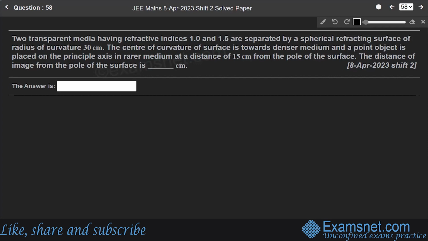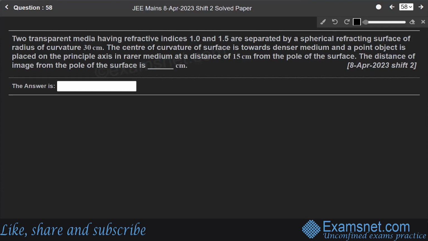The center of curvature of the surface is towards the denser medium. A point object is placed on the principal axis in the rarer medium at a distance of 15 centimeter from the pole of the surface. So we have to find the distance of the image from the pole of the surface.